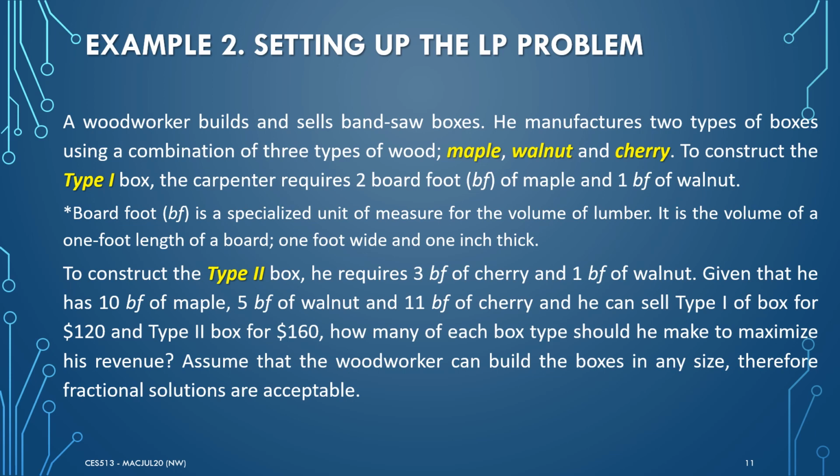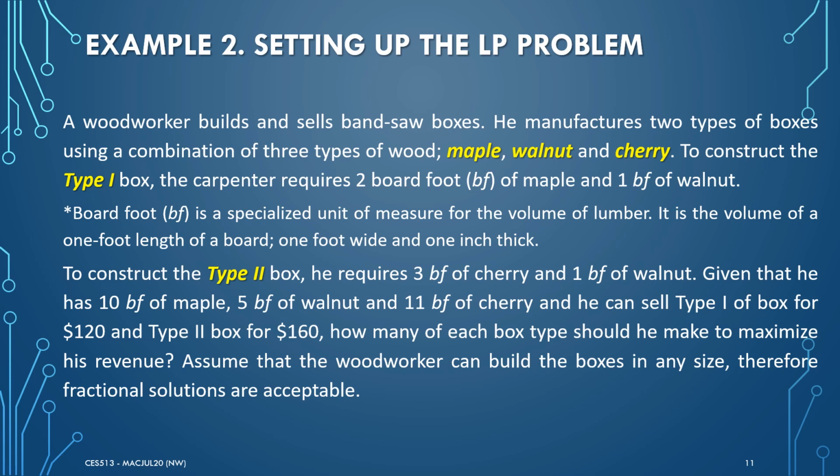A woodworker builds and sells boxes. He manufactures 2 types of boxes using a combination of 3 types of wood, which are maple, walnut, and cherry. To construct the type 1 box, the carpenter requires 2 board foot or BF of maple and 1 BF of walnut.